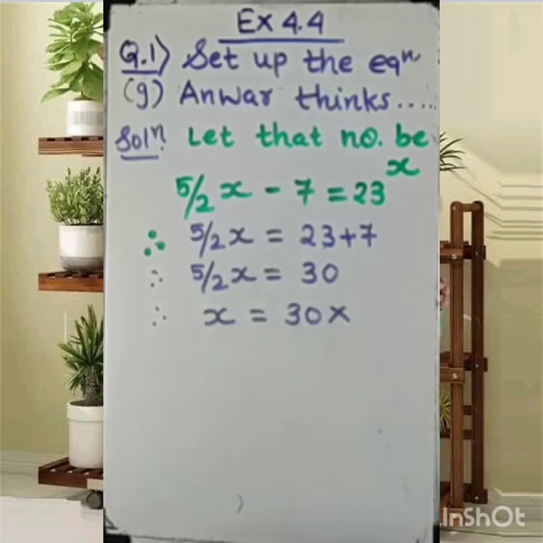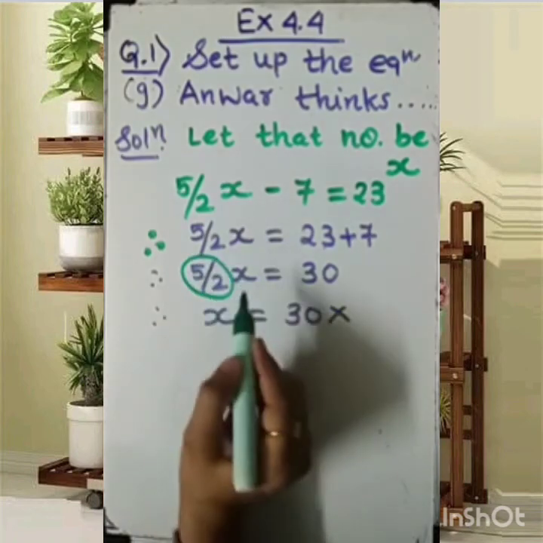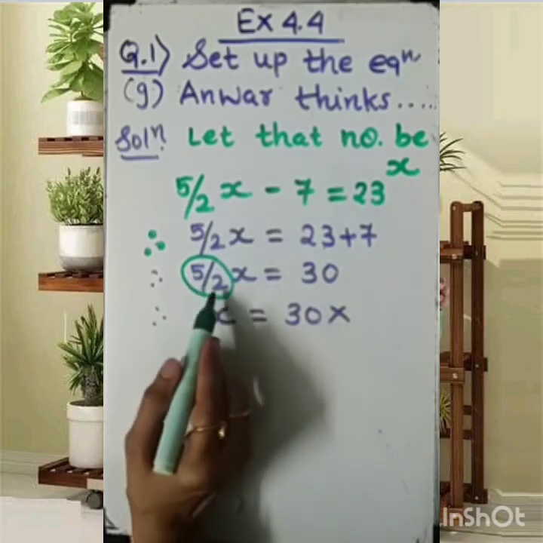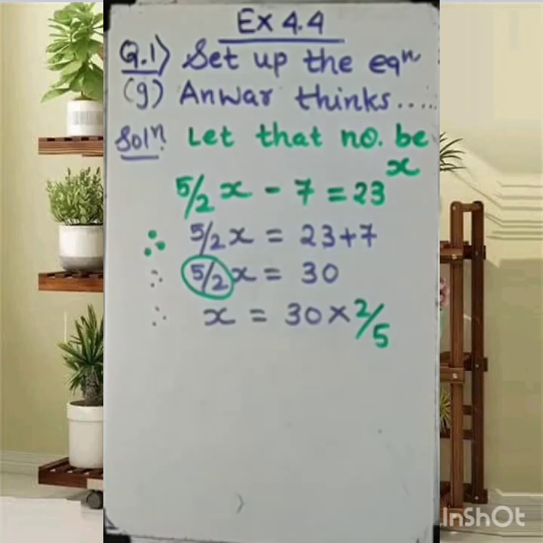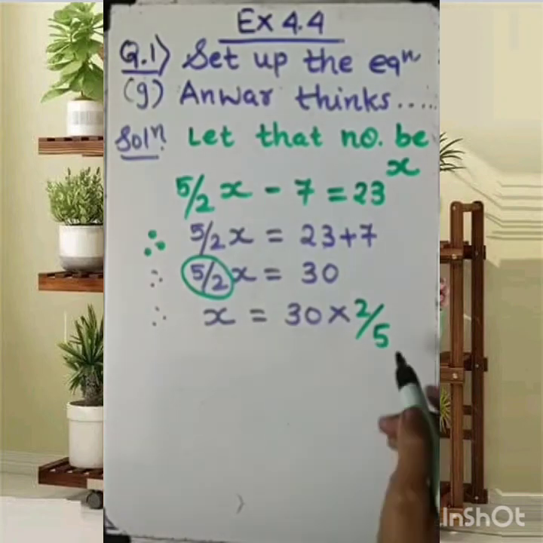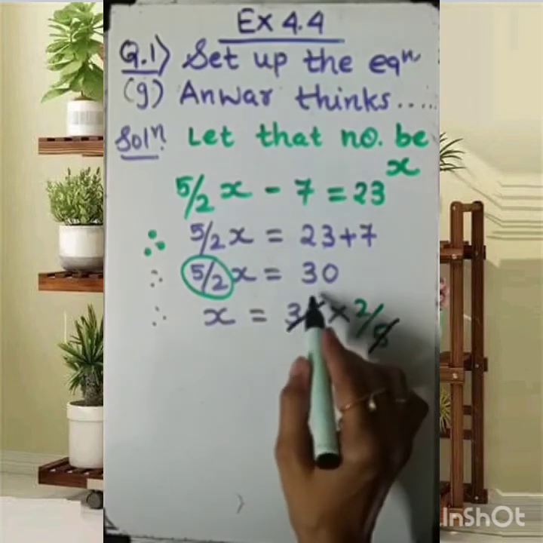Now what to do with this 5 by 2? Dear student, you know this 5 by 2, if I write its reciprocal, then it will be 2 by 5. If I shift this to that side, that is 2 by 5. Let's recall the table of 5. 5 sixes are 30.